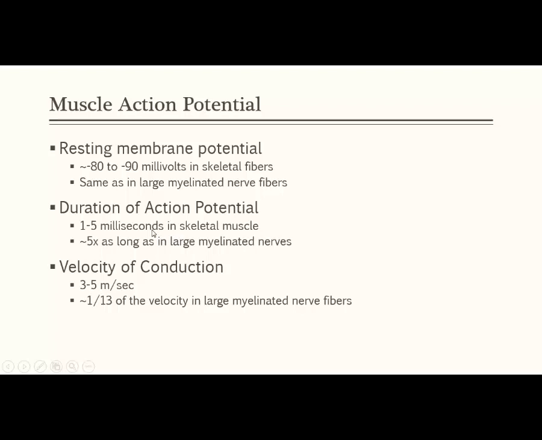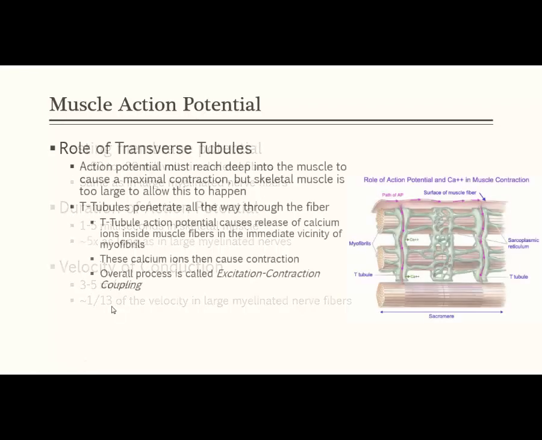So 1 to 5 milliseconds, which is about 5 times as long as the action potential in a large myelinated nerve. And the velocity of the conduction is slower than it is in a large myelinated nerve. So the velocity of conduction of the muscle action potential is 3 to 5 meters per second, and that's about a 13th of the velocity in a large myelinated nerve fiber.